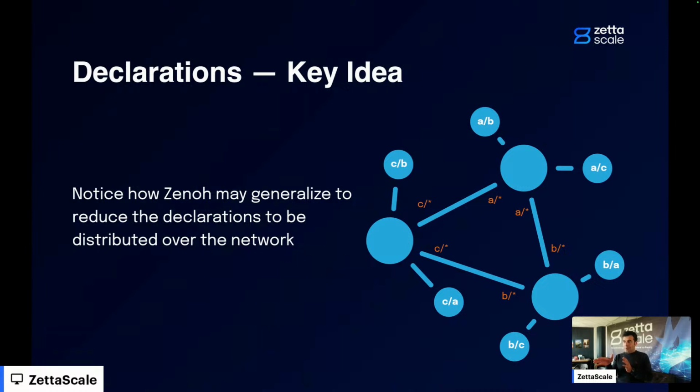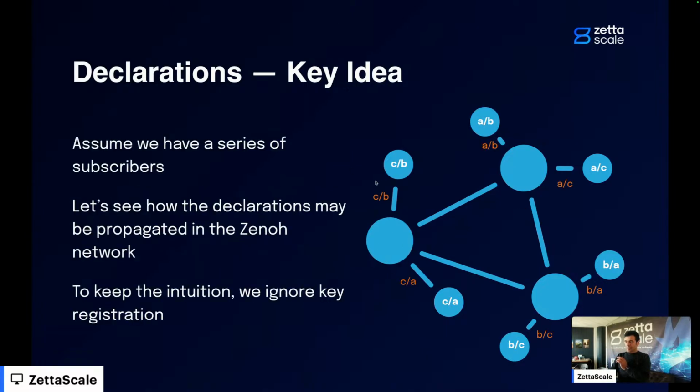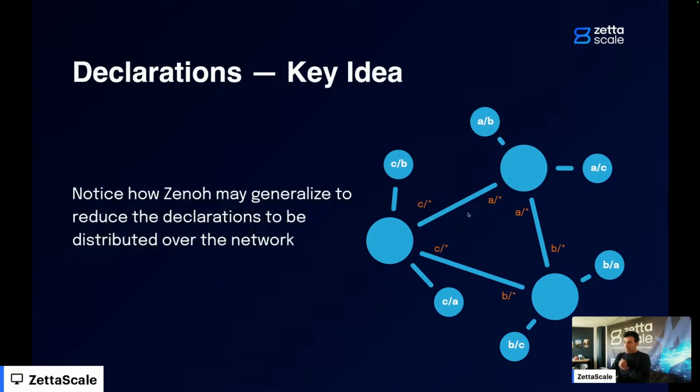The intermediary node is free in a Zenoh network to say that actually it declares C/star, okay? So if you look from here, let me go back. It received declarations for C/B, C/A, A/B, A/C here, B/C, B/A, and so on and so forth. But then when declaring on the other link to the rest of the system, it could generalize. And this is something that Zenoh can do under the hood.